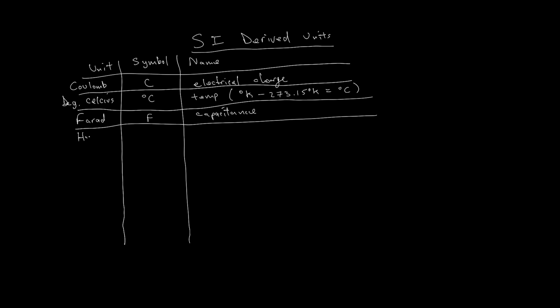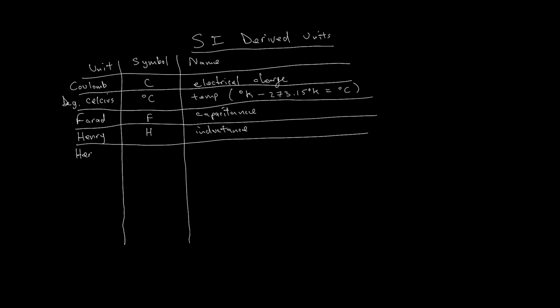Okay, so into electrical circuits now. So a Henry, H, and this is to do with inductance or coils, if you will. Okay, inductance. There are many derived units. I'm just going to go over some of the more useful ones for you. They're the ones you'll come across a bit more frequently.